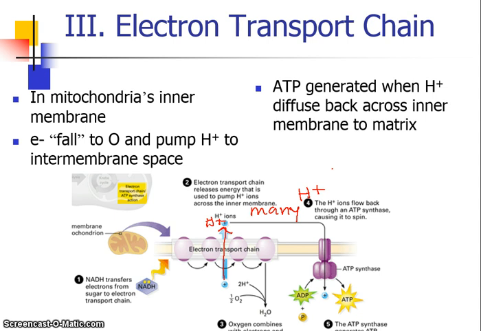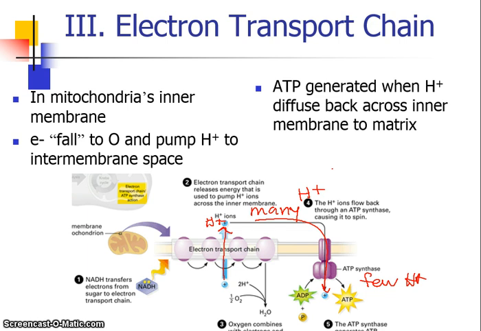When there's a lot in one place, remember diffusion will occur when things move from high concentration to low. That movement goes through ATP synthase. That movement of the H plus ions powers that enzyme. It's actually like a little motor. That part at the bottom will actually spin as a part of making the ATP.